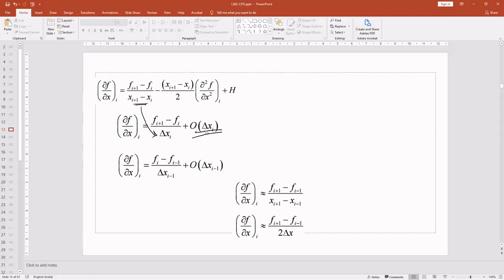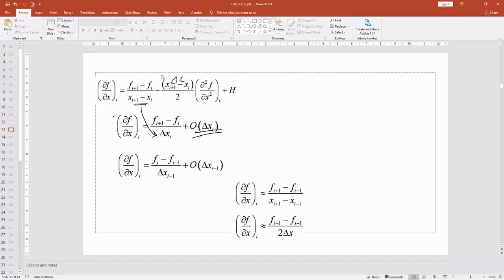So this is the term order that we are neglecting. If we are only looking for the first order derivative, dou f by dou x, then the order to which we will be truncating will be the order of delta x, because you can see this term is delta x.